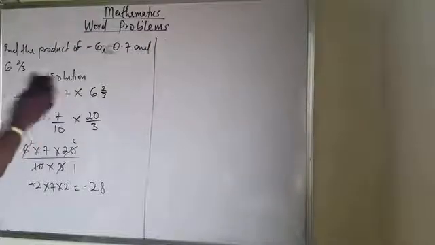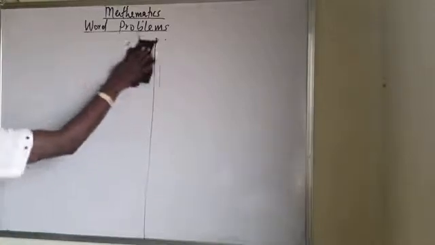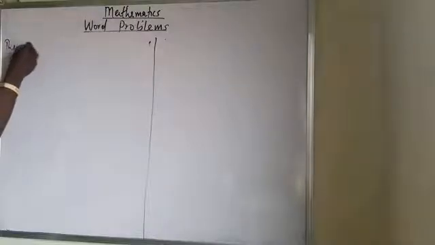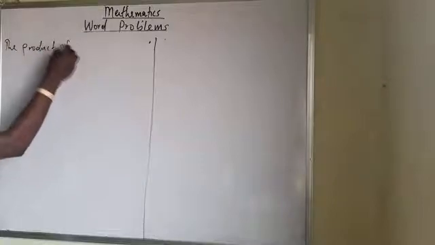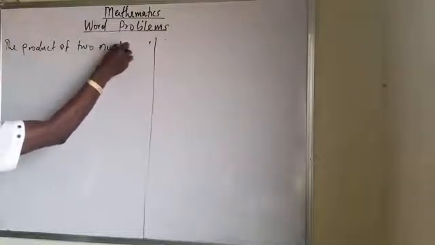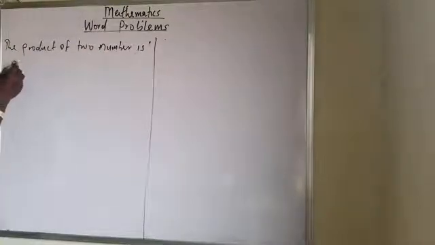Now let me move on to the next one. Now, for instance, let me give a word problem. The product of two numbers is 8 whole number 1 all over 9.